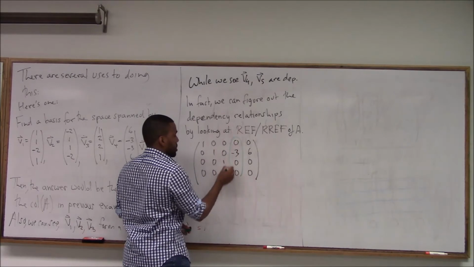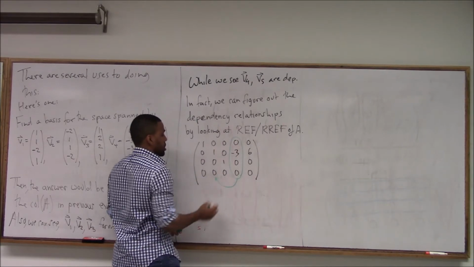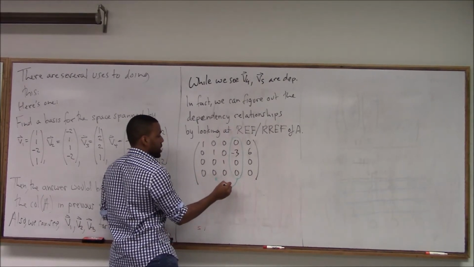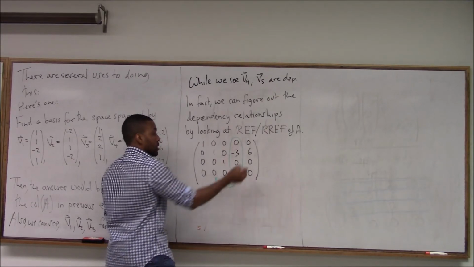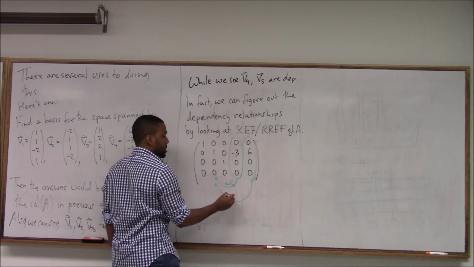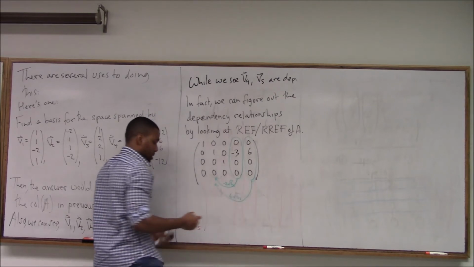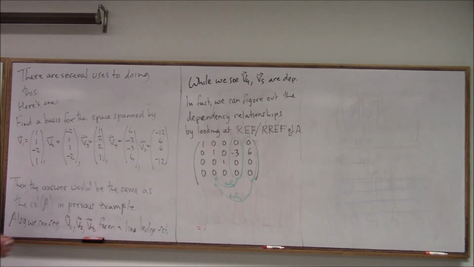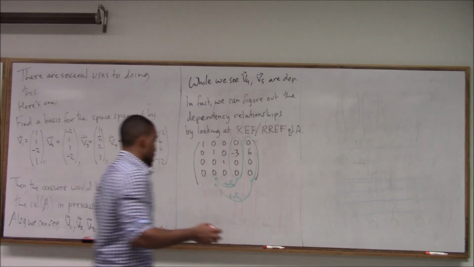this one here is minus 3 times the second vector. This one here is actually 6 times the second vector. So in fact, not only can you identify who's linearly independent, you can also figure out what the linear relationships are.